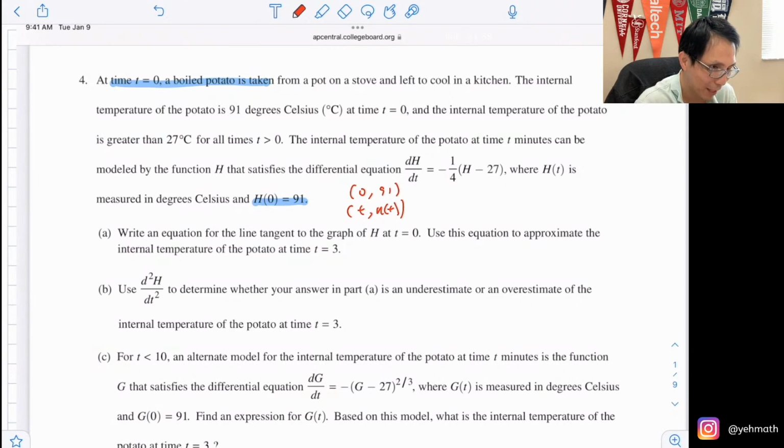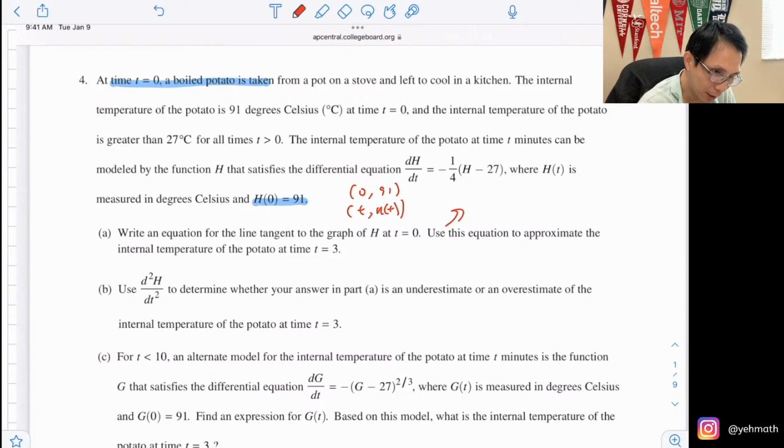And if you understand that, it's no different than the bear question. The bear question has a bear and time, so it's kind of easy to determine which one is which. This one has temperature and time, so it's kind of hard to know which one to plug in. Then they ask for the equation of the tangent line, which means finding the slope first.